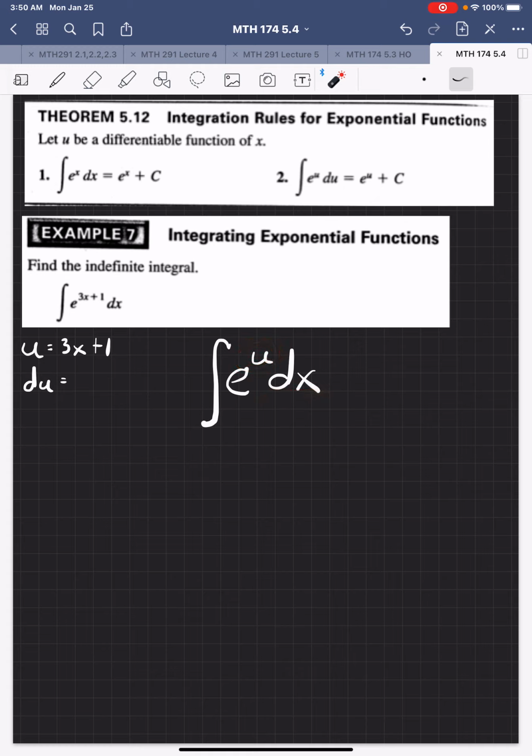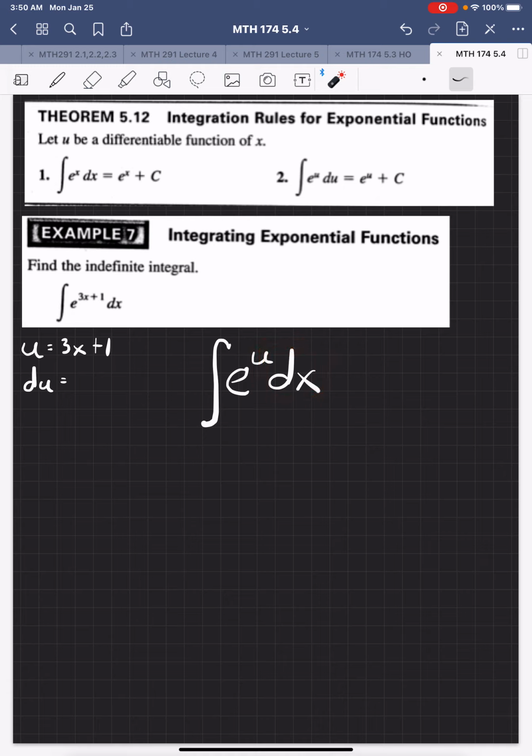If your integrand is in terms of u, then you need to integrate with respect to u. So the problem is the dx here. We need to get rid of this dx.